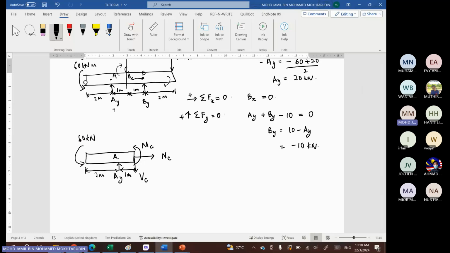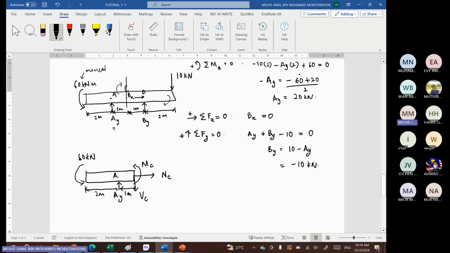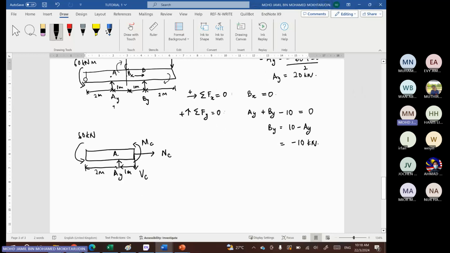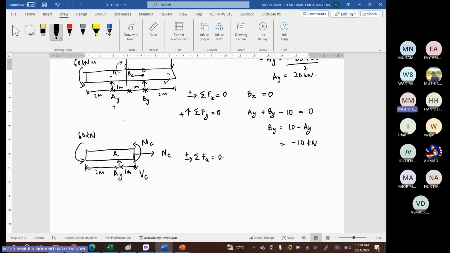So again, you apply the equations of equilibrium to determine NC, VC, and MC. So firstly, maybe you can use force in the x direction. So in the x direction, you only have NC. So NC equals 0. And then we can use the vertical direction, the y direction.